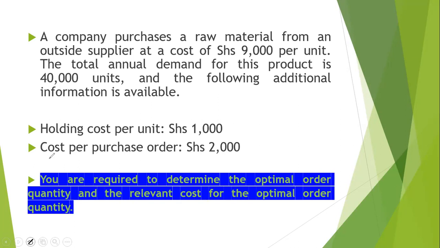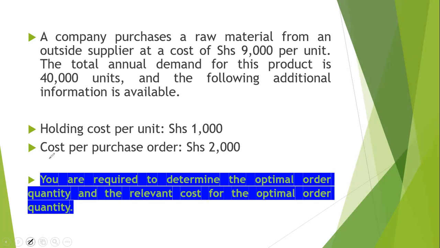Holding cost per unit is 1,000. Then the cost per purchase order is shillings 2,000. You're required to determine the optimal order quantity and the relevant cost for the optimal order quantity. In other words, you're required to calculate the EOQ.